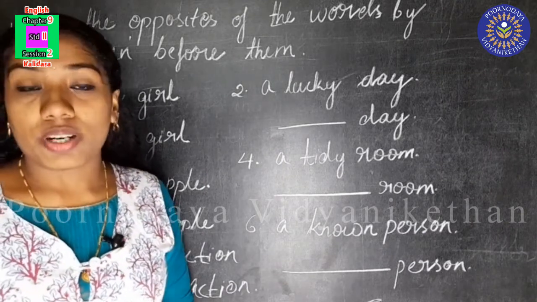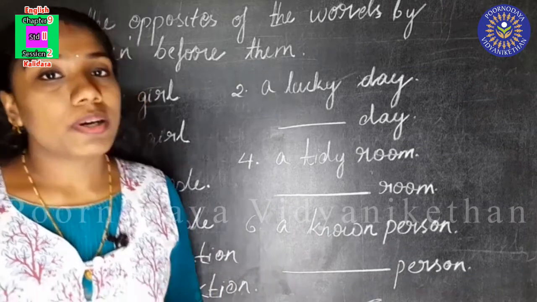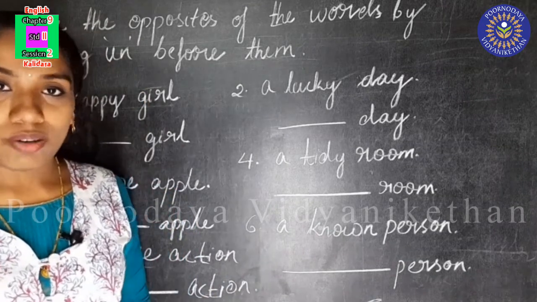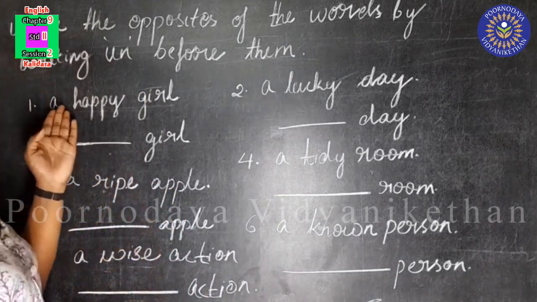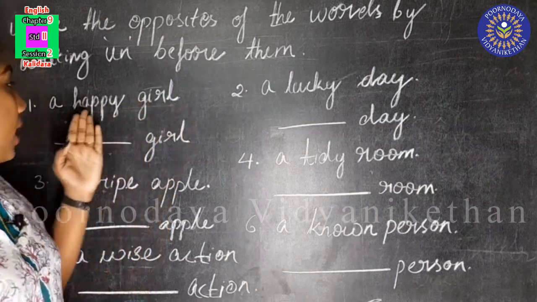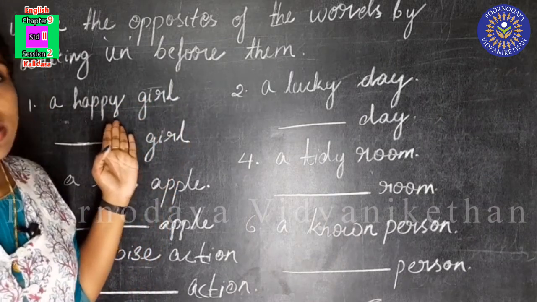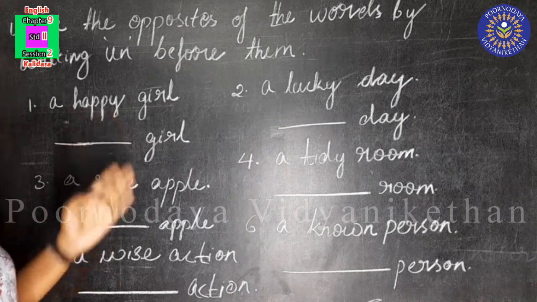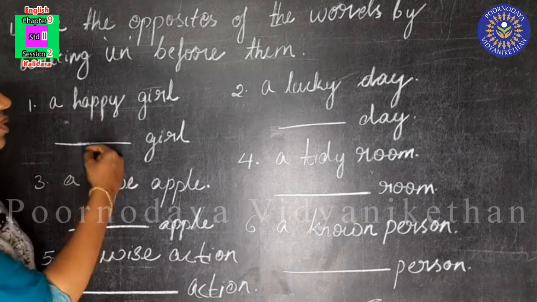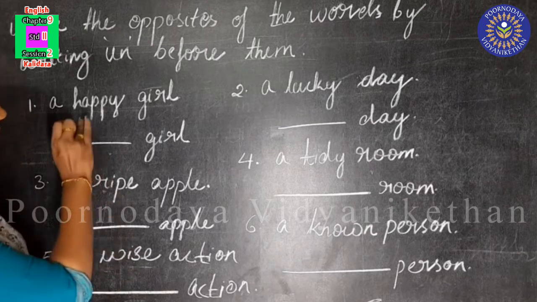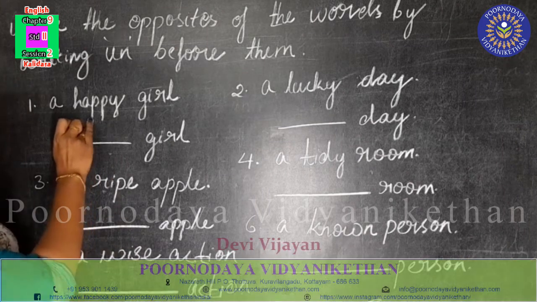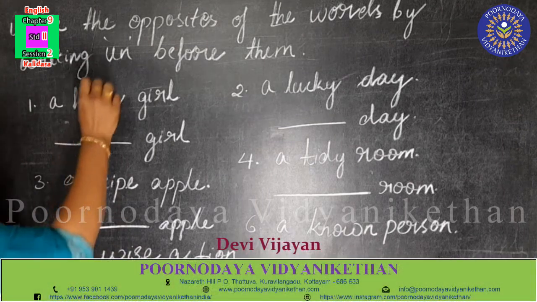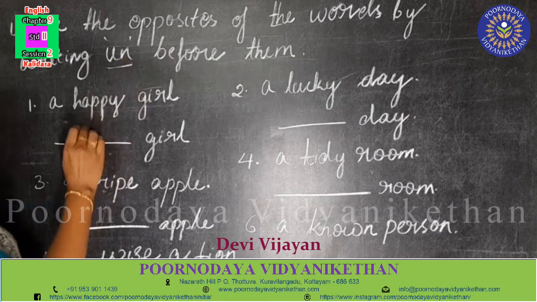Adjectives are words that describe a noun or a verb. Happy is the describing word. So, we are going to write the opposite of happy. To make the opposite, we have to add un. Then how can we write it?